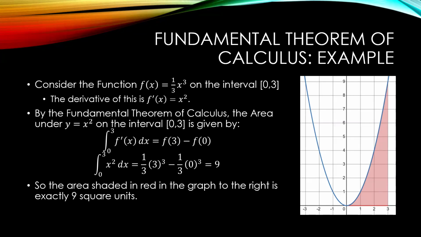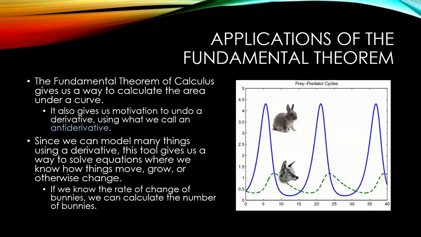And it's a tool which is used in calculus to find the area under curves. And we use it to do a whole bunch of other things. And so applications of this fundamental theorem, the fundamental theorem of calculus gives us a way to calculate the area under curves, but it also gives us motivation to undo a derivative using what we call an antiderivative.